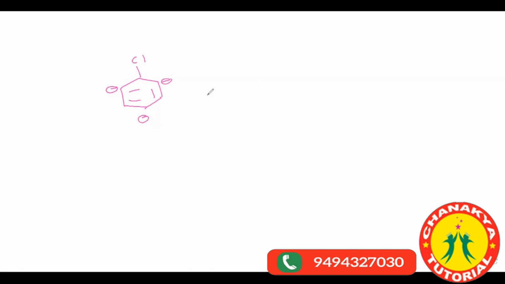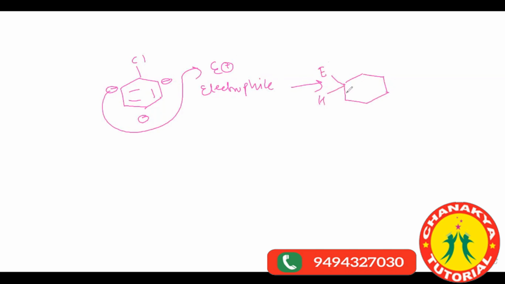Whenever this double bond attacks the electrophile, suppose this is the electrophile, shown by E plus, a bond is easily formed. Here the electrophile will come, with hydrogen, and this is your Cl.